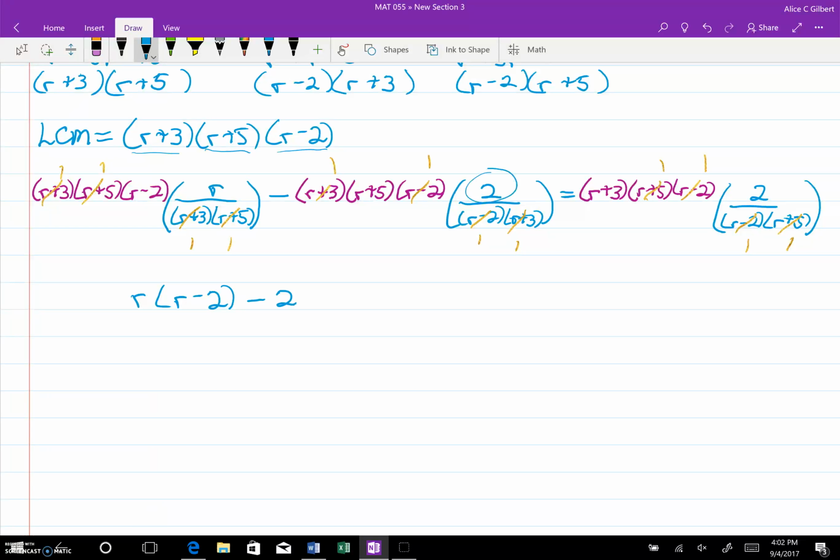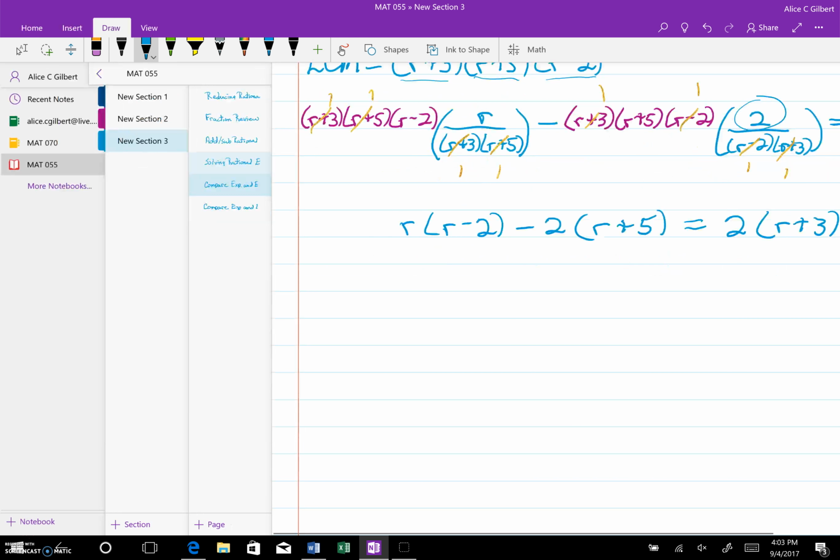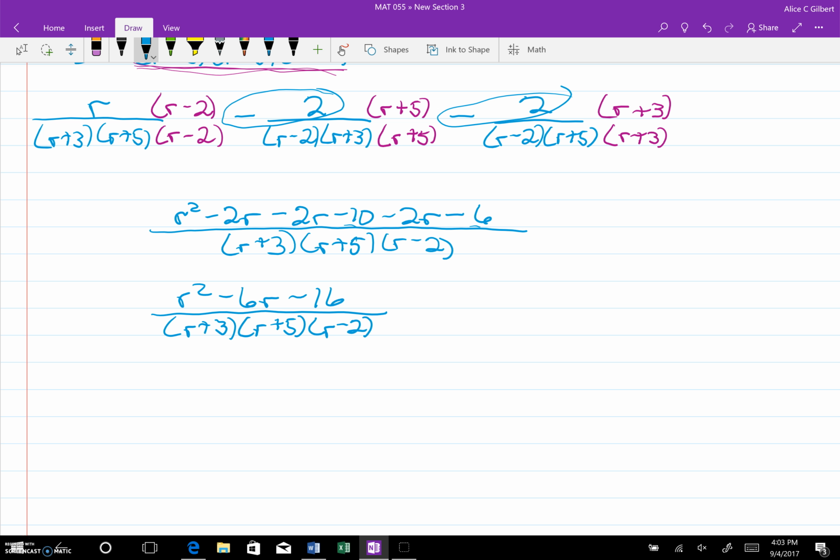I pull this guy out front because it's easier for me to distribute and see it this way. And then equals, again, I'm going to put this out here and see what's left. And you see here, this one has no denominators left at all, as opposed to this guy who still has denominators left.